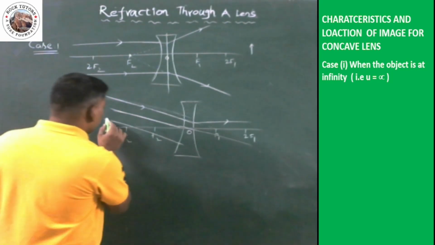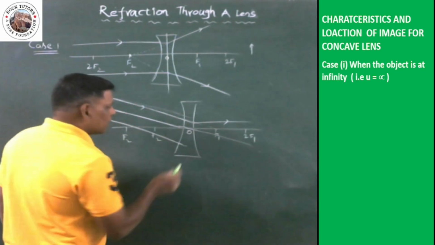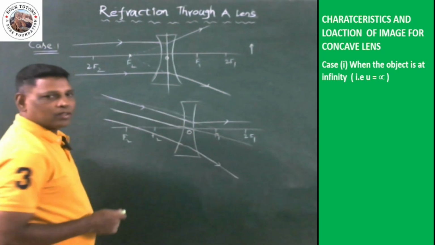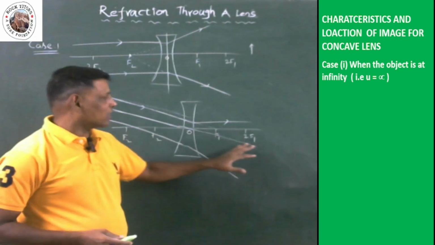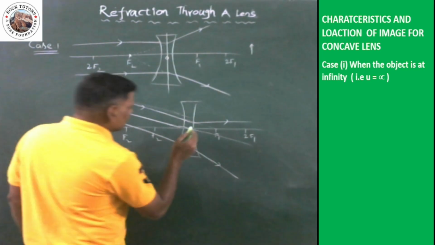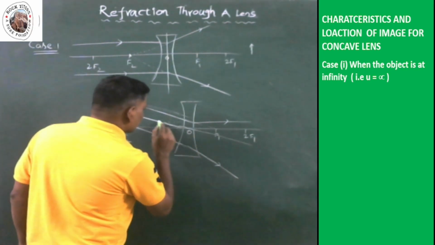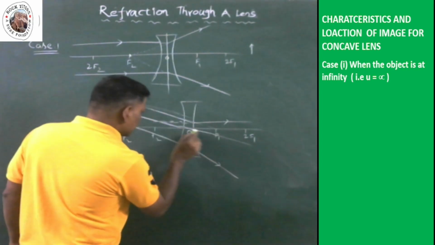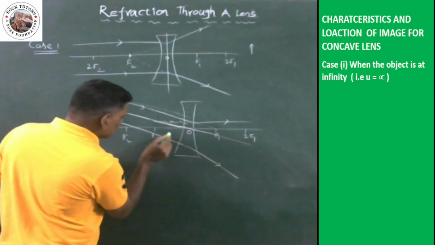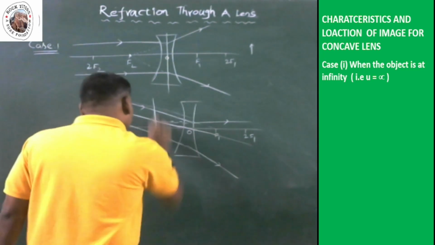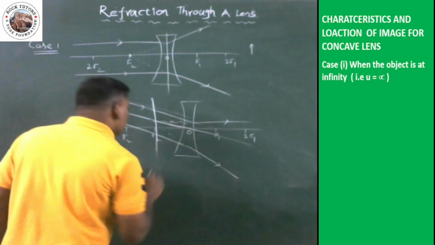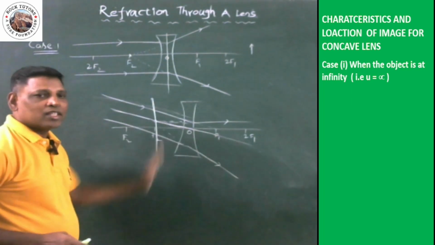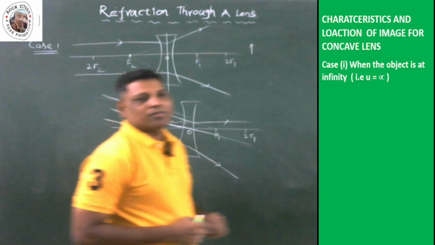This ray moves away from the principal axis. On this side the image will not form, so I extend it backward. Now if I draw here, this is the focal plane. On this focal plane the image is forming.